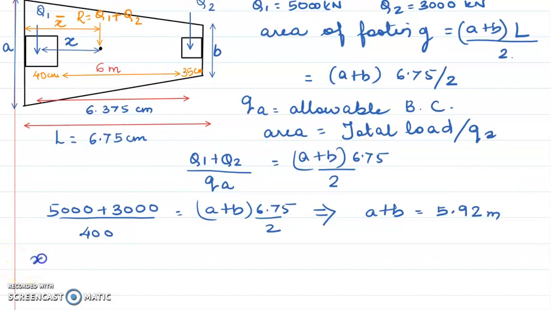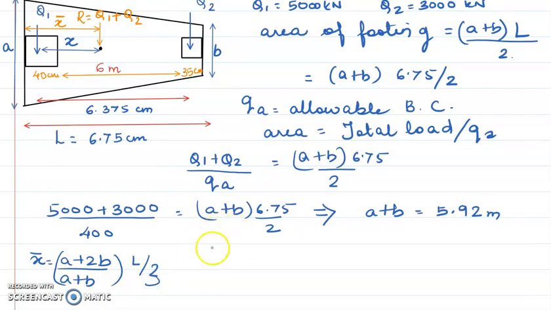Okay. So now what is the equation for x bar which we have learned in our first year? Right? What is the equation for the centroid of a trapezium? A plus 2b upon A plus b into L by 2. Sorry, L by 3.